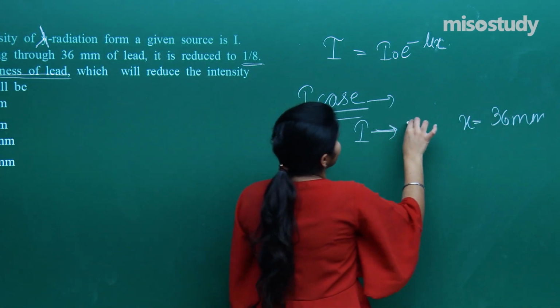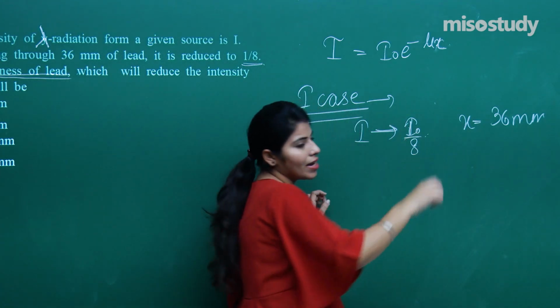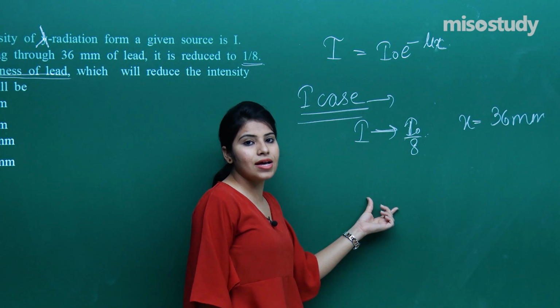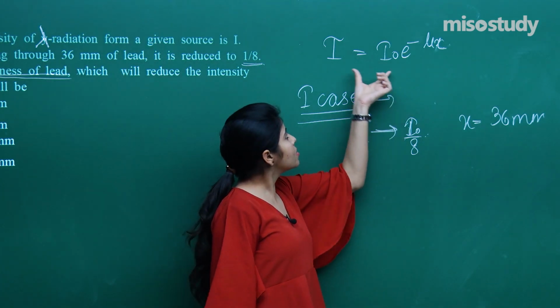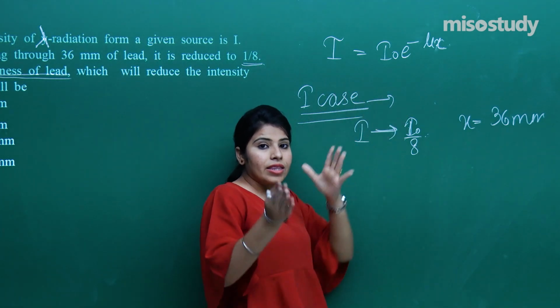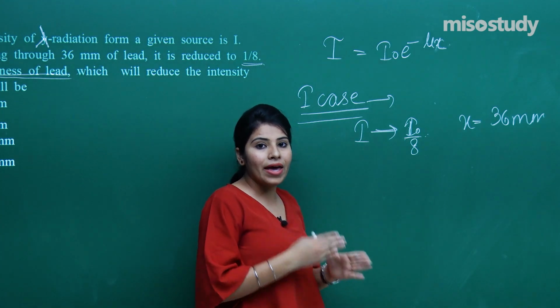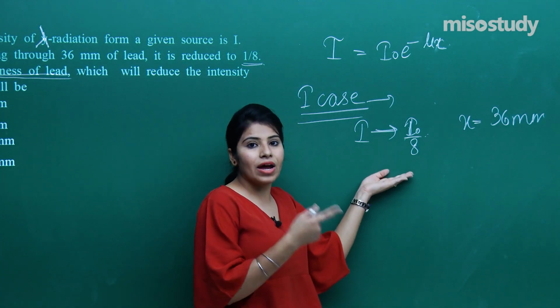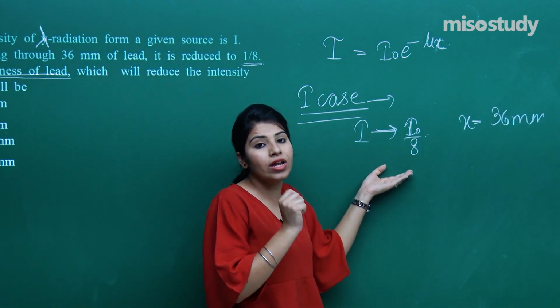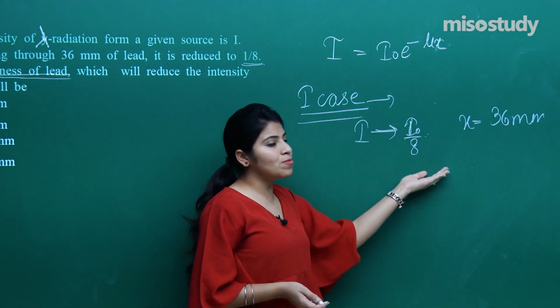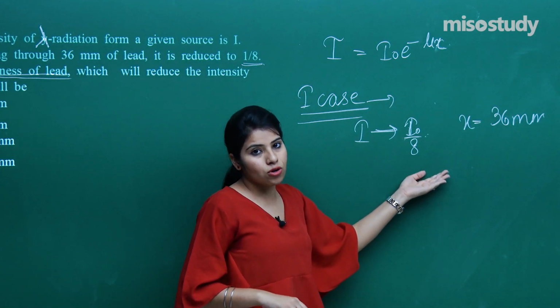Or I can write it as I naught by 8. Why am I writing this as I naught by 8? Because earlier it was I, now it has been reduced to 1/8. So I am writing it in terms of initial intensity. So your I has been converted to I naught by 8.